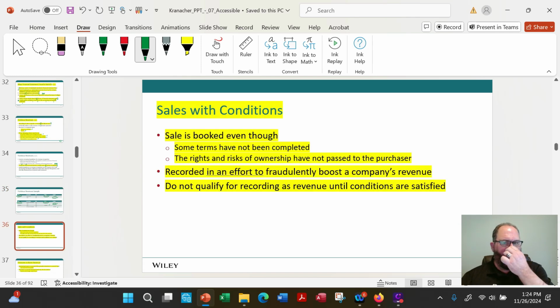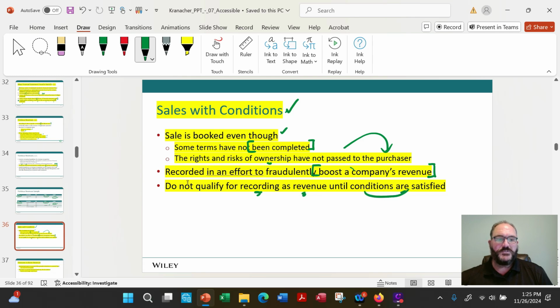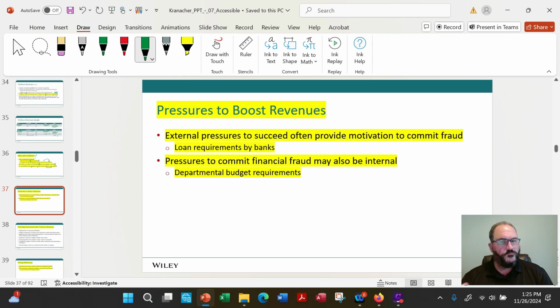By the way, sales with conditions, that's another one. So the sale is booked even though the terms have not been completed. By the way, the risk of ownership is not passed to the purchaser. That's a requirement. Why? To boost company revenues. Okay? And again, it doesn't qualify as recording as revenue until the conditions are satisfied. So again, improper recording.